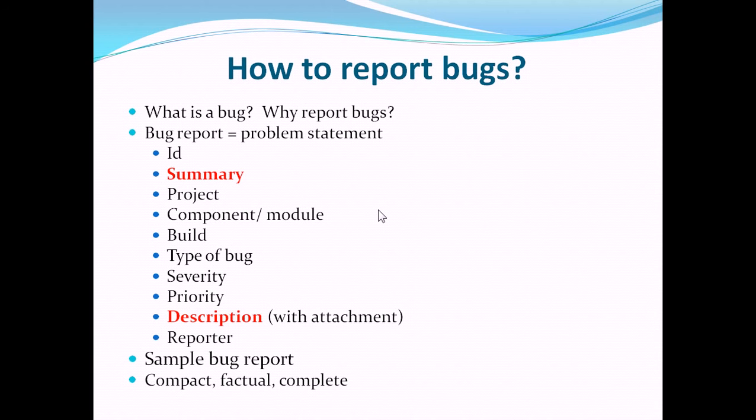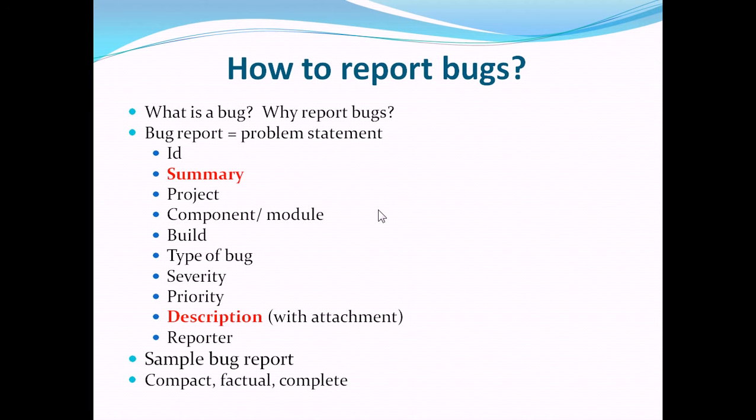So just be very factual and compact. Don't use any unnecessary words, don't give any unnecessary description, just whatever is required. Everything that is required you should write in the bug report, and you should avoid any unnecessary data.